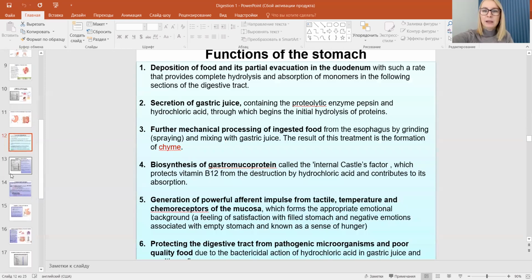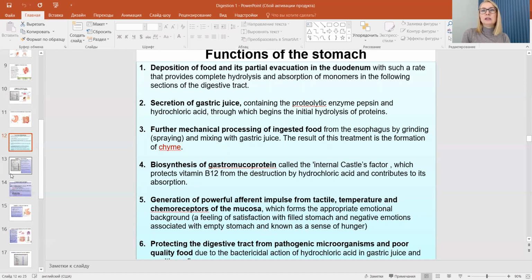So, the main functions of the stomach. The stomach's most important function is to store ingested food until it can be emptied into the small intestine at a rate appropriate for optimal digestion and absorption. It takes hours to digest and absorb a meal that was consumed in only a matter of minutes.